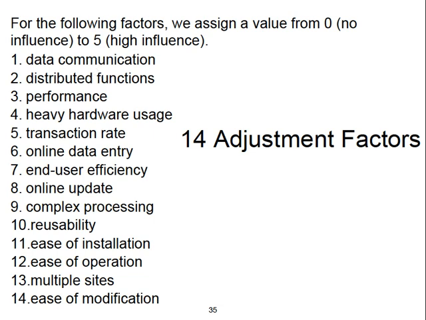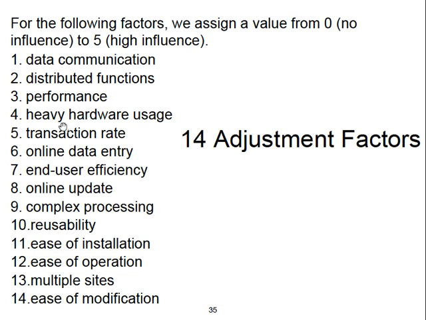If a factor is not an issue, or does not concern our system, we give it a rating of 0. If it's very highly influential, we give it 5, and we can use 2 or 3 for average impact.